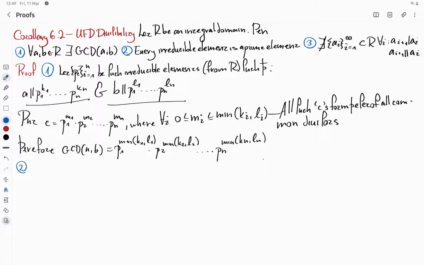So, consider some irreducible element p such that p divides a times b. Now, if p is equal to the identity, then the claim holds trivially.